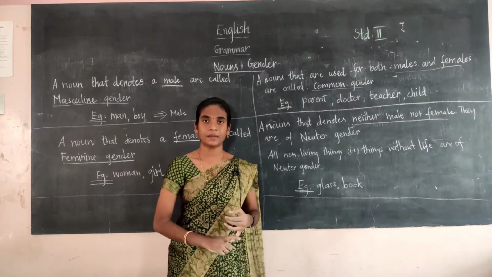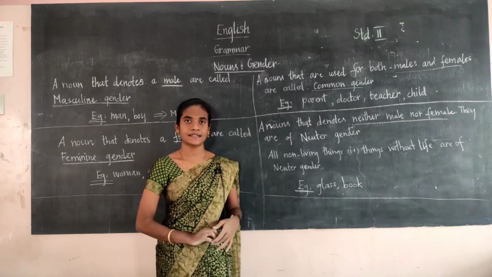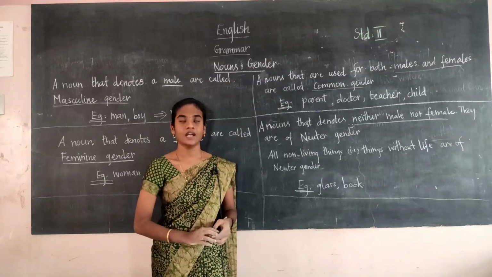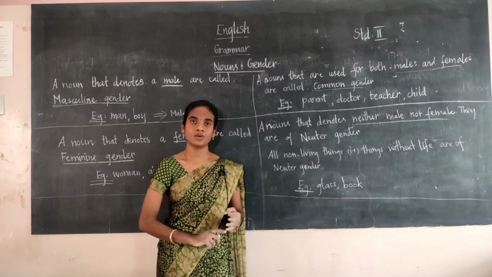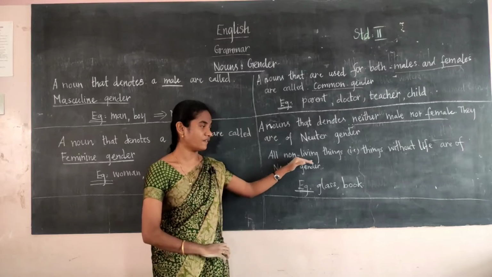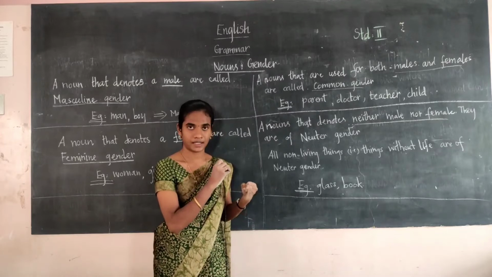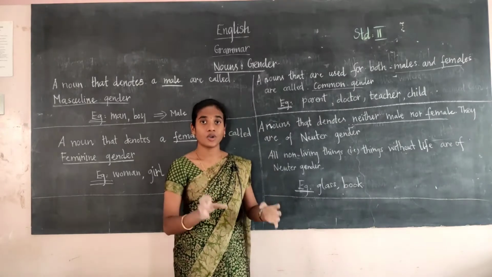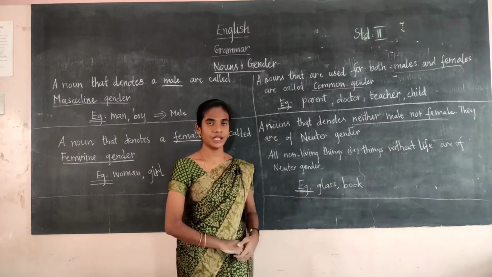It is neither male nor female. It is just a non-living thing, a thing without life. For that we say neuter gender noun. Non-living things means things without life. For that you have to use the neuter gender.